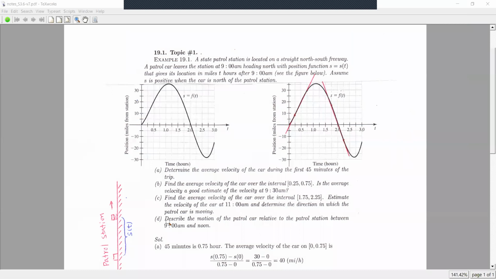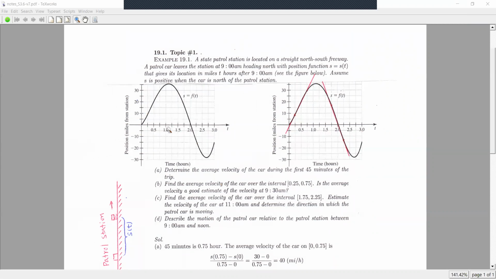Part D, describe the motion of the car relative to the patrol station between 9 a.m. and noon. Noon in the diagram corresponds to time 3. To answer the question, we need to recall that instantaneous velocity is the slope of a tangent line.